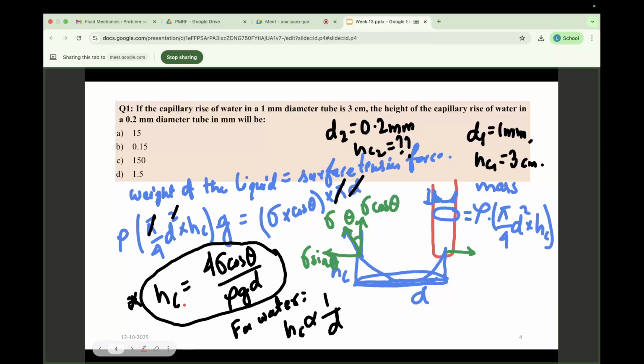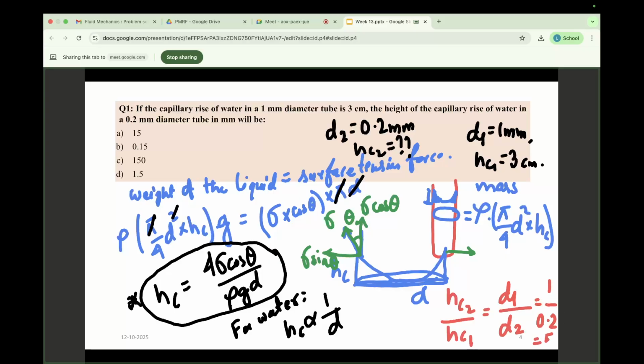So from this formulation, I'm writing with red color, h is inversely proportional to d. So I have to find h2 by h1. As it is inversely proportional, the upper one should be D1 and the lower one should be D2. D1 is 1, D2 is 0.2. So that means 5.